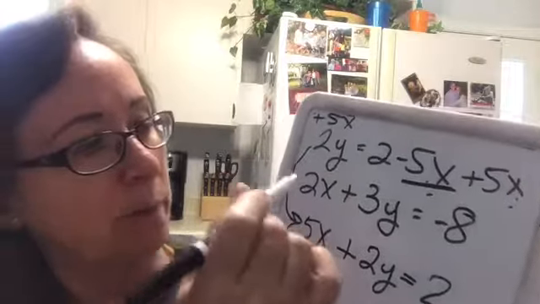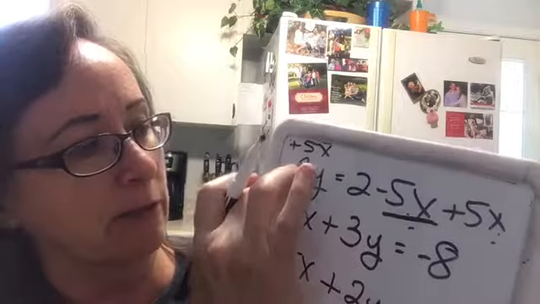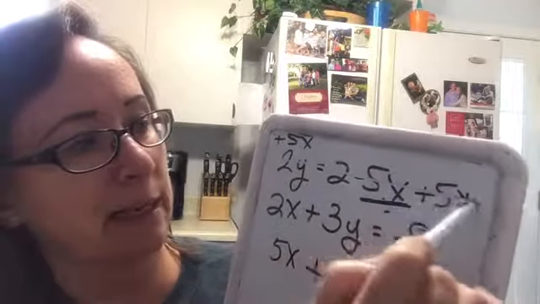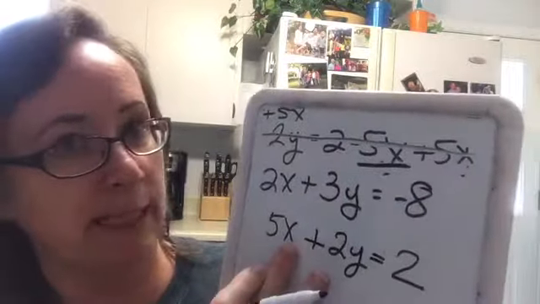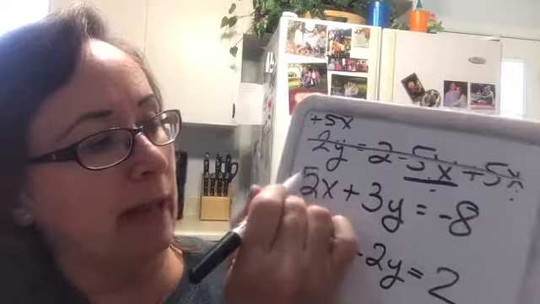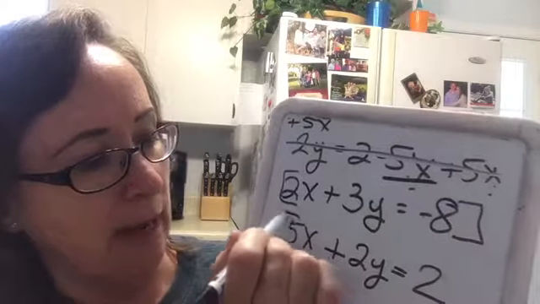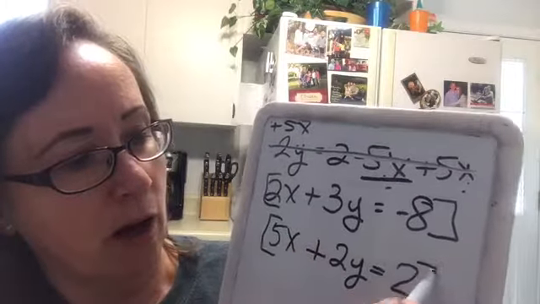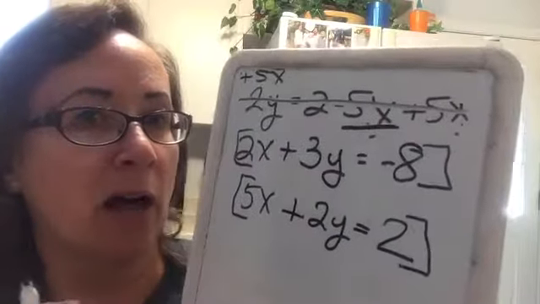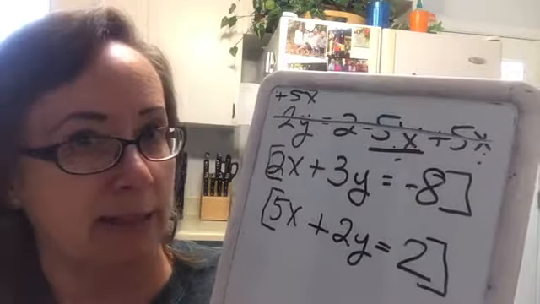Okay, so basically I'm going to erase this little arrow because it's a little confusing. I'm going to cross out this line because we just redid it down here. And now I'm going to multiply this whole equation all the way across, and this whole equation all the way across by a constant to get rid of my y's.